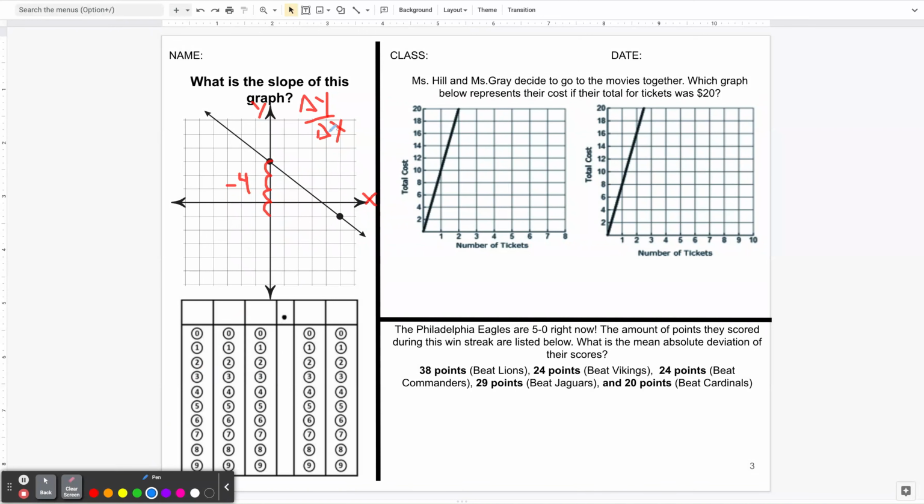And just to make it crystal clear, I'm going to go ahead and change the change in x to blue. So our change in x would be 1, 2, 3, 4, 5. Our change in x would be 5, and our change in y would be down 4.